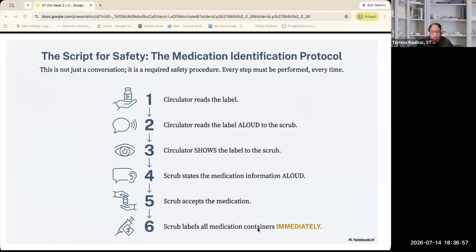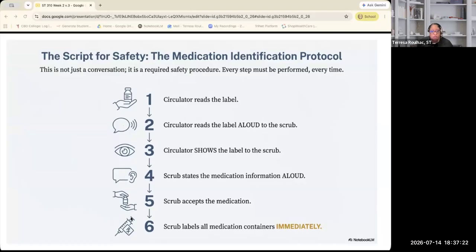I want you to notice something. Earlier, we talked about communication, assumptions, closed loop, medication safety systems. This is where we're bringing everything together. So let's look at these steps together. Okay, again, you're going to see this, and you're going to be doing this literally every day you're in the operating room.